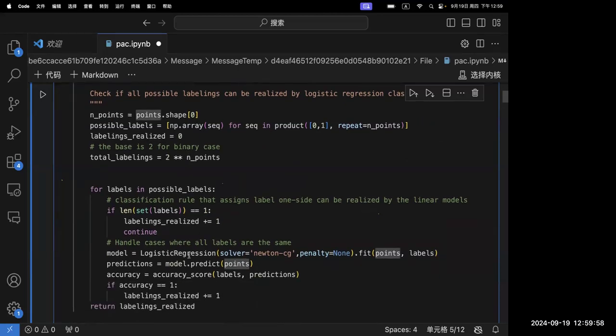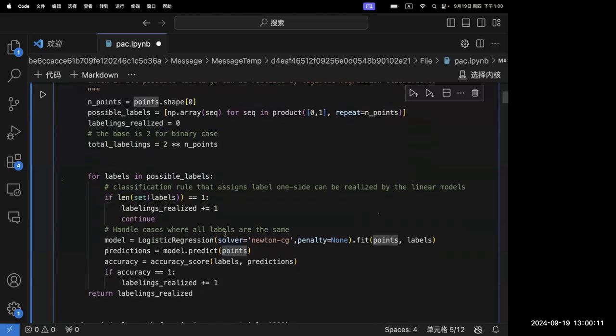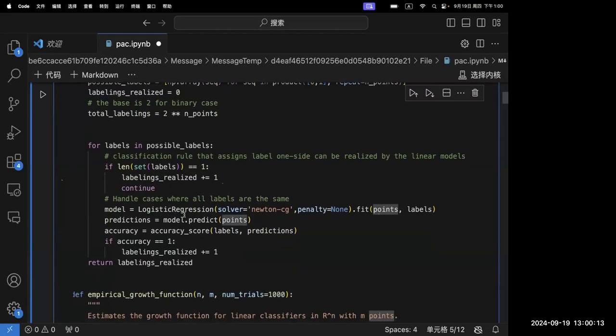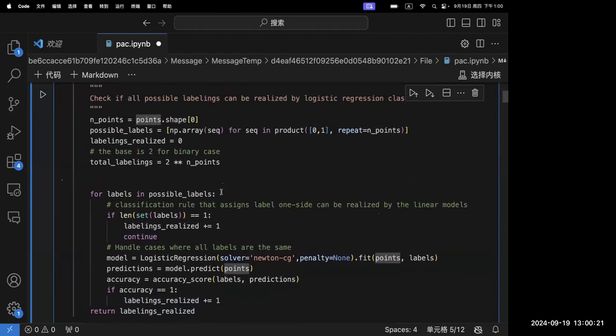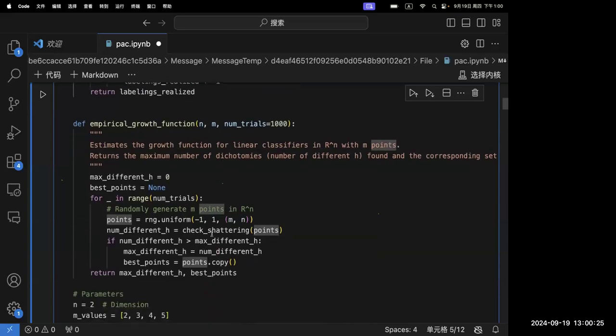If in this predefined hypothesis class you can find a hypothesis that can fit these given input points, this means you realize this specific way of classification.